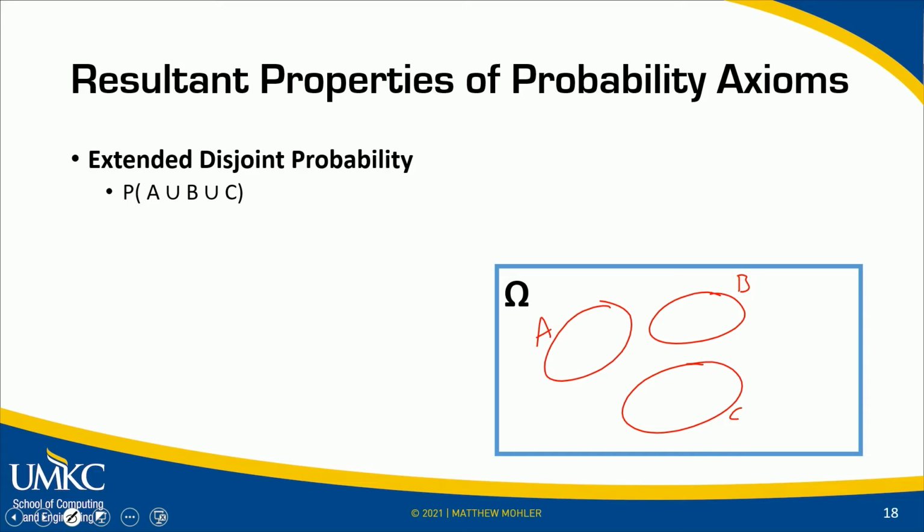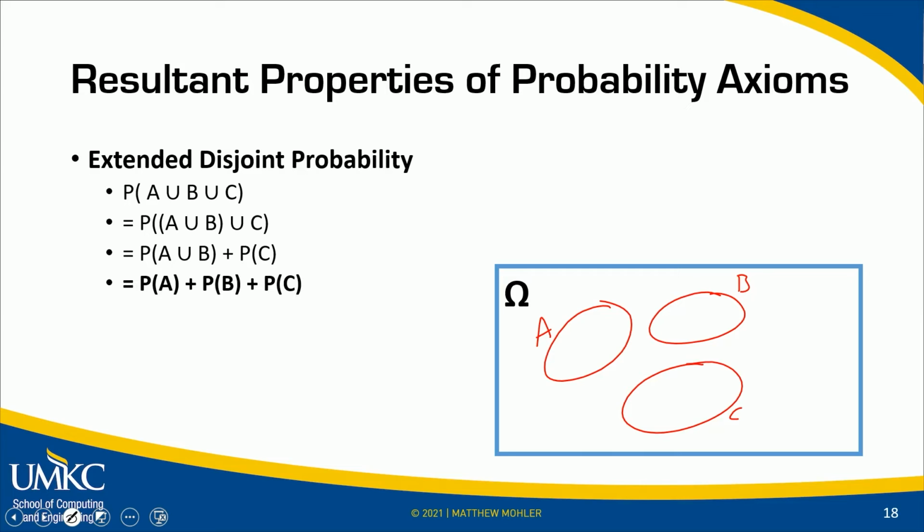So from this, we can say that the probability of A unioned with B unioned with C is equal to the probability of A unioned with B, that unioned with C. Again, just extending set notation, this goes back to basic sets. From that, we can then get the probability of A unioned with B plus the probability of C. And from there, again, just using that initial axiom, we can split that to say that that is the probability of A plus the probability of B plus the probability of C.